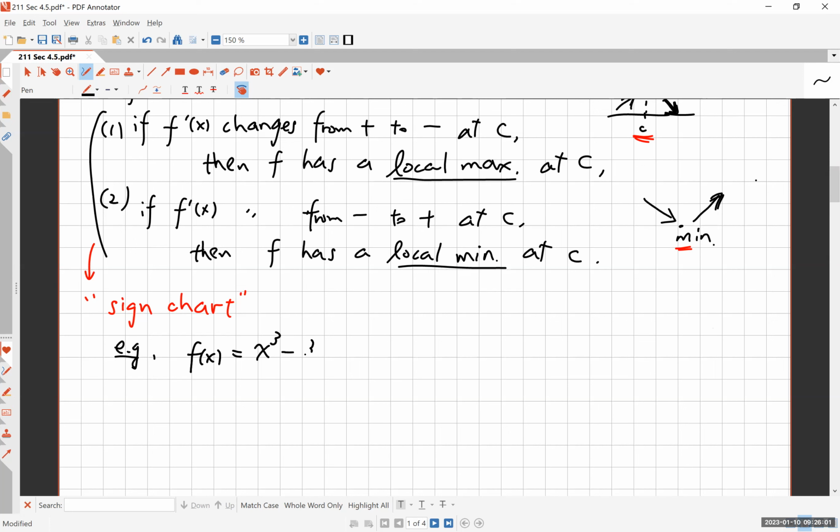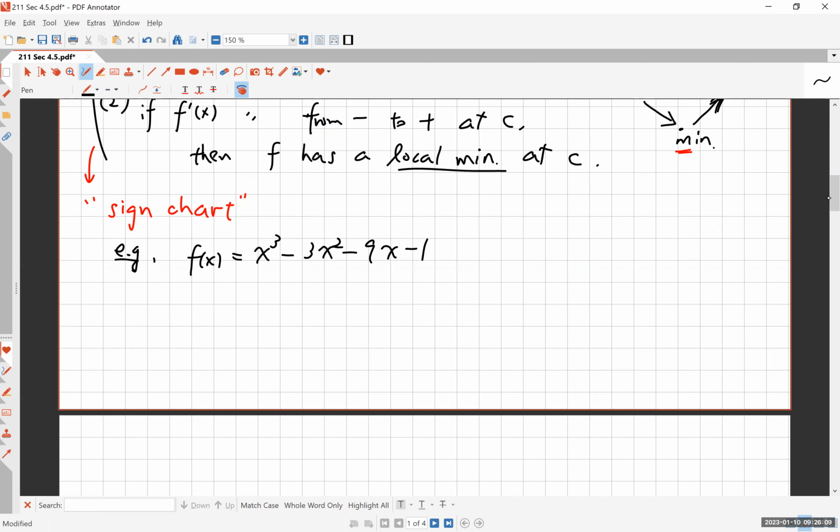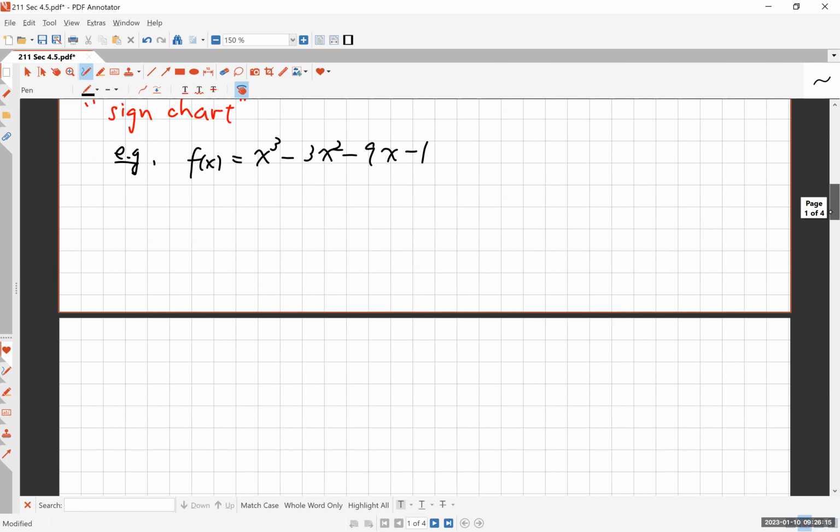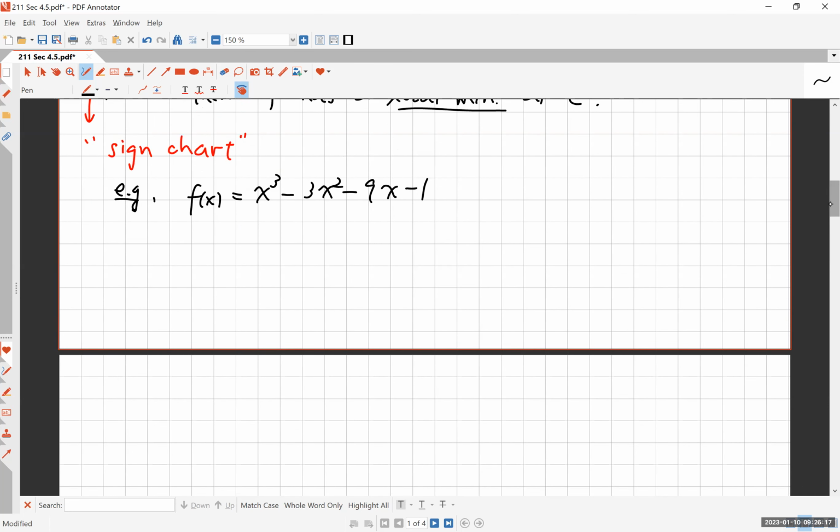All right, so here's an example: x cubed minus 3x squared minus 9x minus 1. Because we are studying local max and local min and the shapes of these curves, the derivative and the second derivative will help us sketch graphs. That's the whole point of this part of chapter 4.